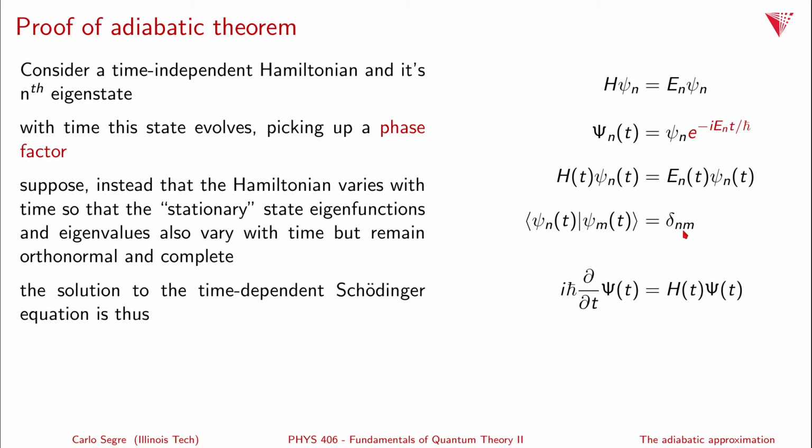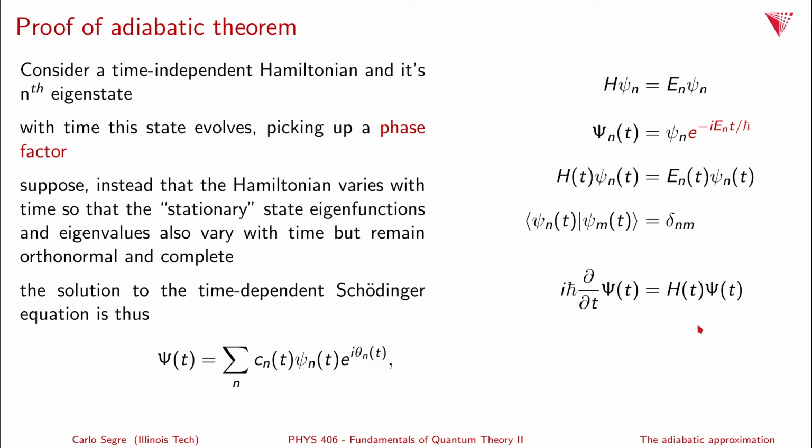Therefore, the solution to the time-dependent Schrodinger equation is where we have to put in the full time-dependent solution. And now we have two time dependences. We have the time dependence that depends on the energy, which depends on time, and the time dependence in the solution itself. So we have i h bar partial with respect to t of capital psi of t is equal to H of t times capital psi of t.